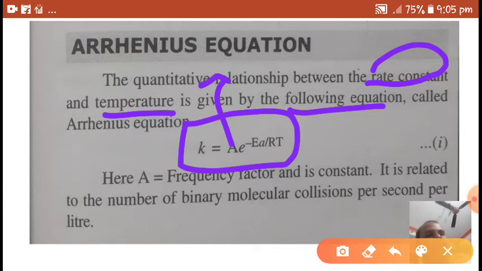It is related to the number of binary molecular collisions per second per liter. So A is the frequency factor, and it is called the Arrhenius constant, Arrhenius factor, or frequency factor.